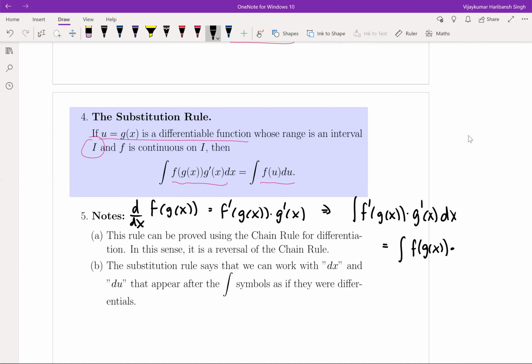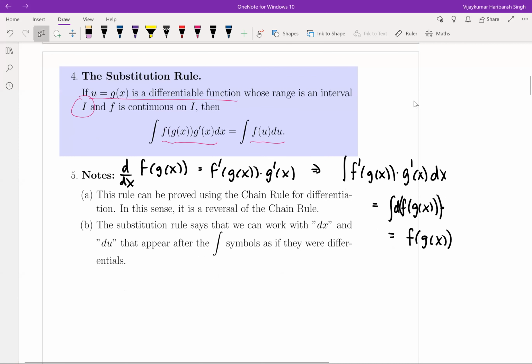In this case, we had f prime. Now let me replace this f prime by another function, capital F. So this is the chain rule.